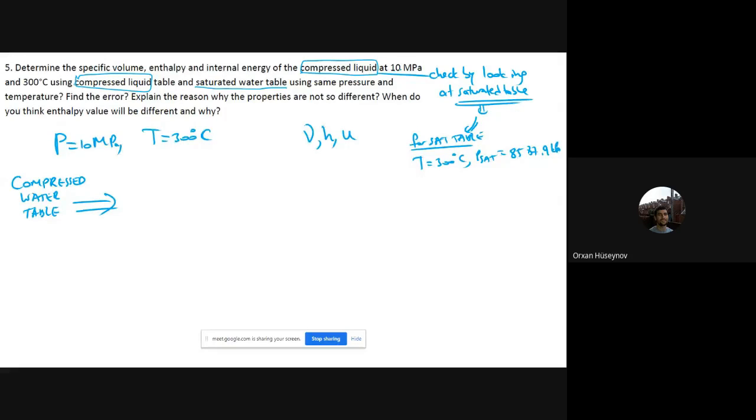You can see the pressure is more, therefore it is compressed. So P is more than P sat, therefore it is compressed.